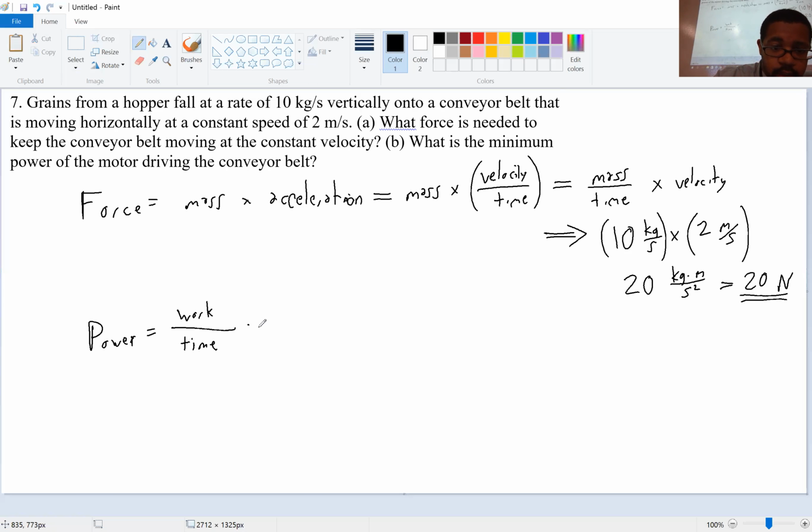And so let me see, what is work? Because we don't really have anything that says work here. Work is something times something. What is that? Yes, force times distance. And like I say, this might not always work, but it's worth a shot if you have no other ideas.